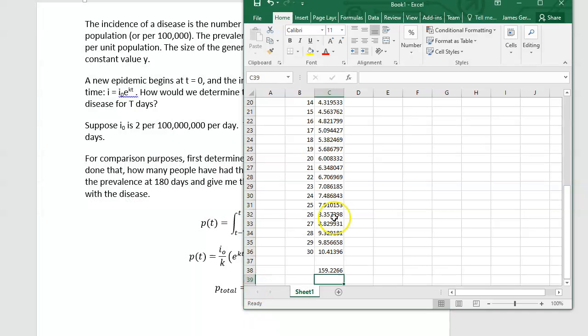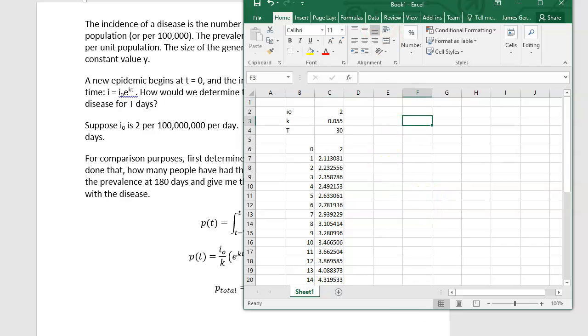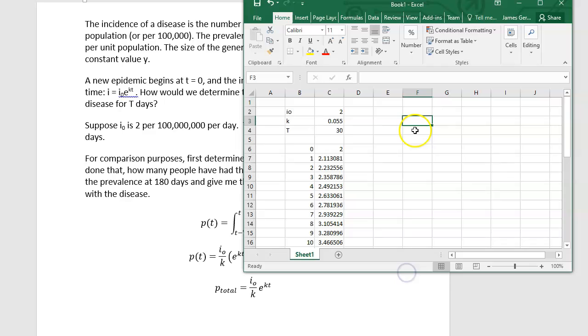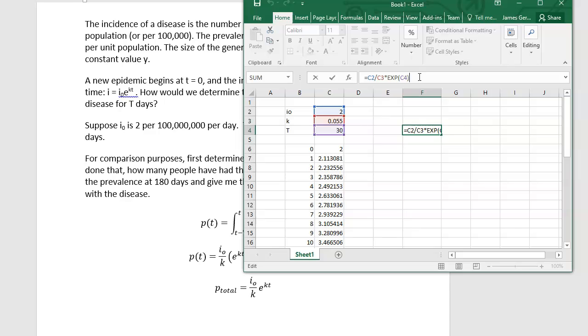At T days, we're going to be doing I naught over K times e to the kT. All right, 189.